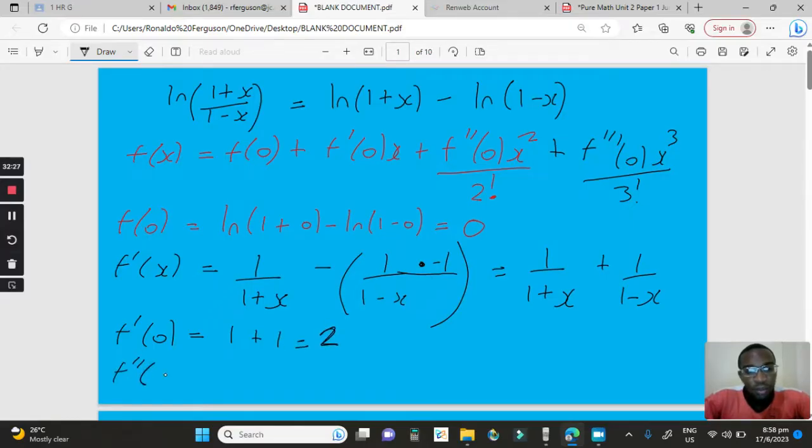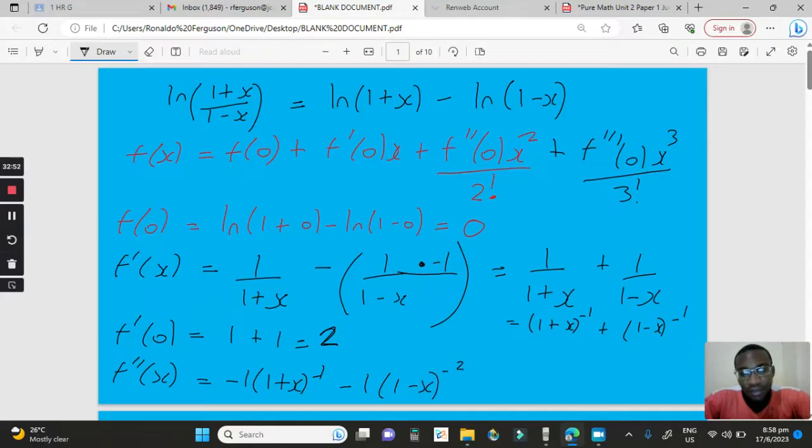Now f double prime of x, we need to differentiate this now. So carry down the power. And by the way, this is 1 plus x to the negative 1, and this part is 1 minus x to the negative 1. So when I differentiate that, I carry down the power, I subtract 1 from the power, I carry down the power, I subtract 1 from the power.